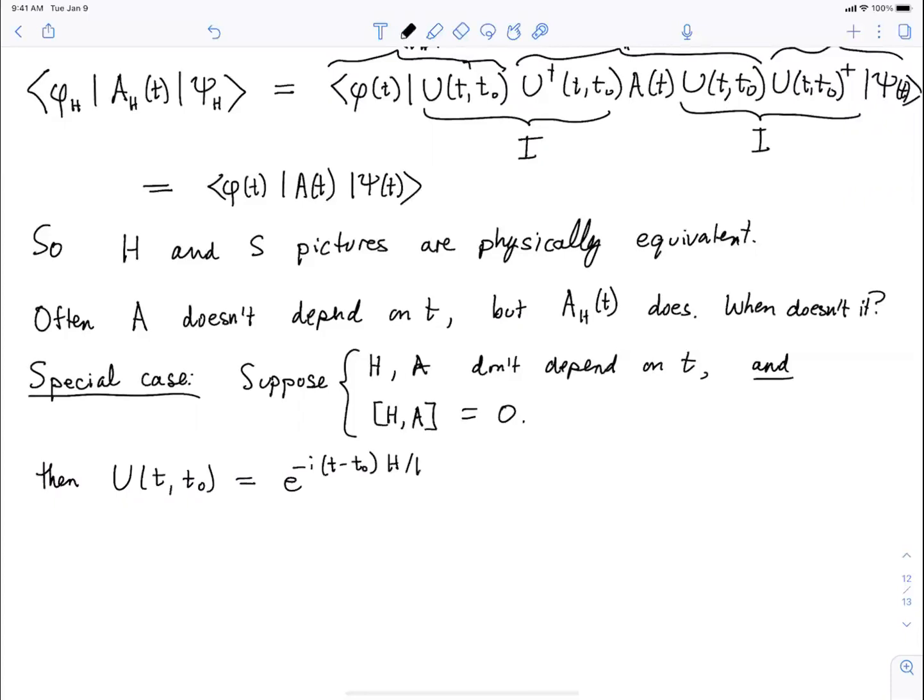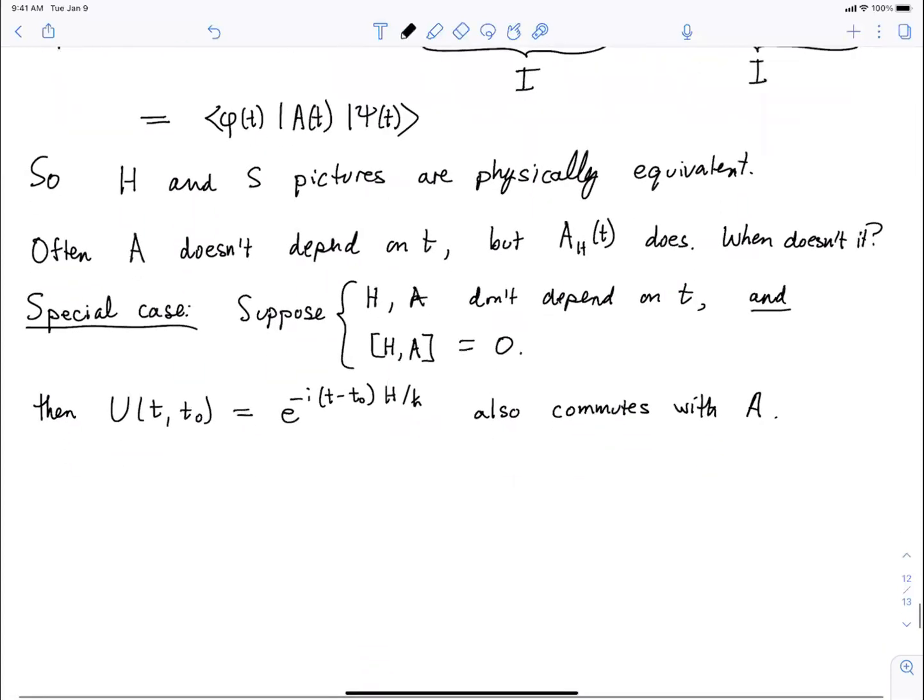And that also commutes with A, because the only operator in it is H. And since H commutes with A, for all purposes of writing down things in different orders, they might as well just be numbers. They just move right past each other because they commute. And so the unitary operator commutes with A.